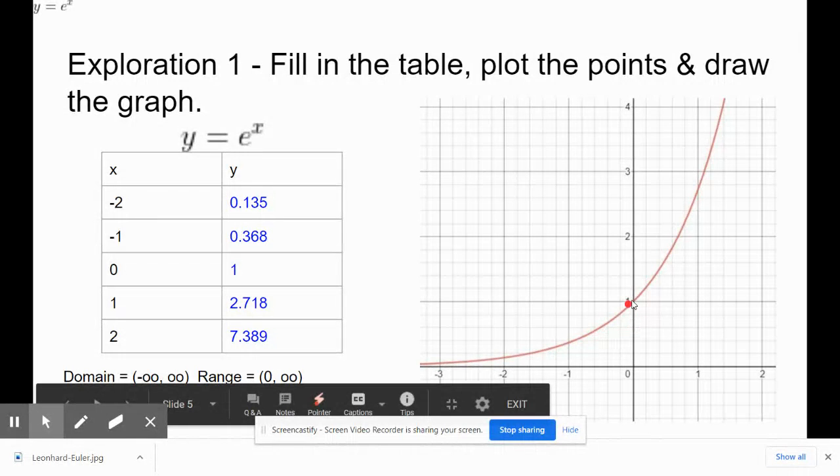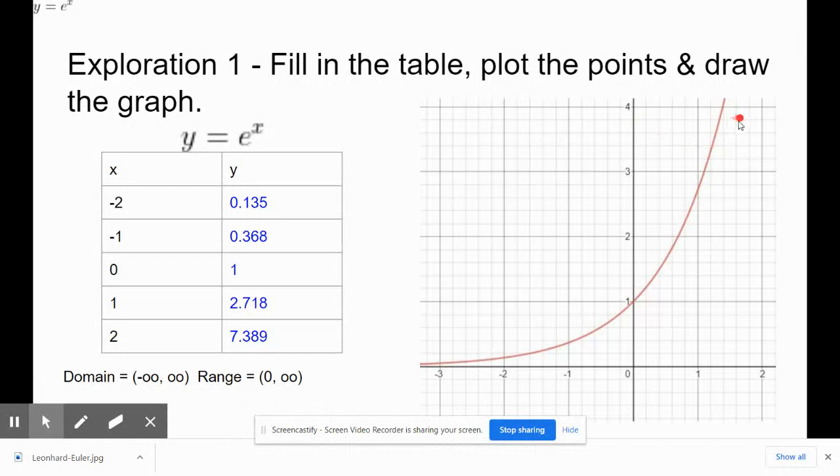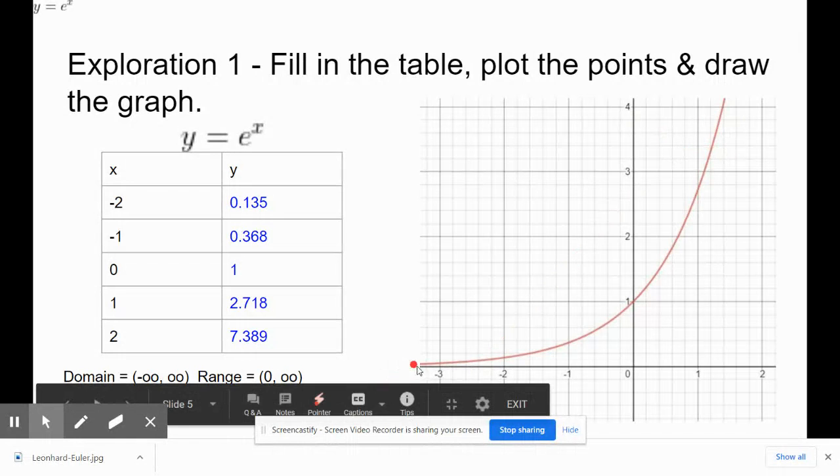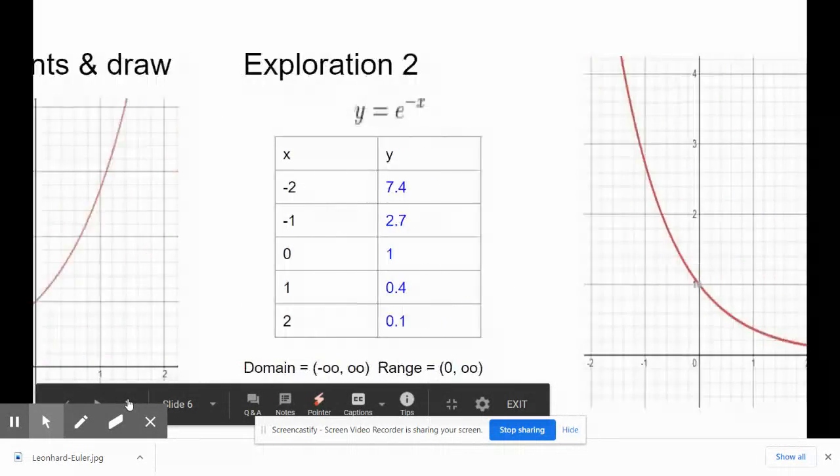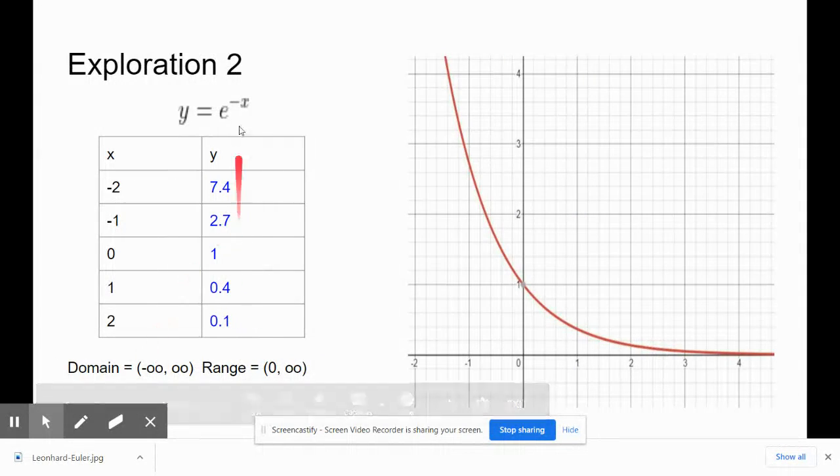Notice that the line y equals 0, or the x-axis, serves as an asymptote. As the values of x go toward negative infinity, the graph gets closer and closer to 0.